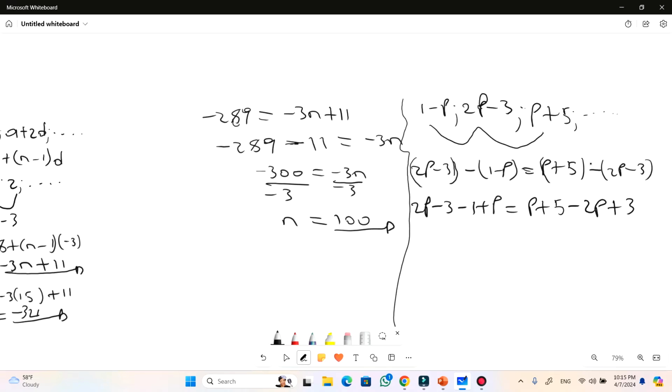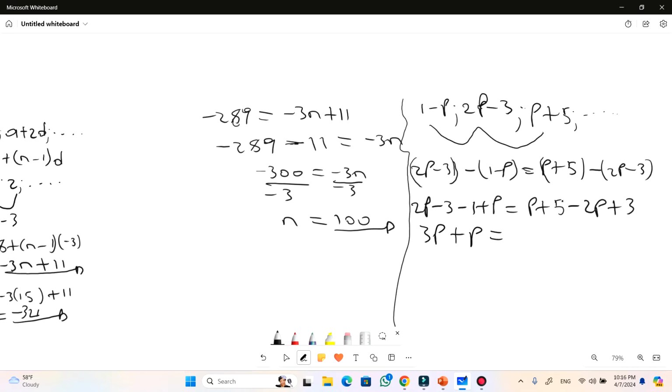Remember that the negative multiplies everything in the bracket, so that negative multiplied by this negative is going to give you positive, right? So here we have 2p and plus p, these are like terms, so we get 3p. Then p minus 2p is going to give you negative p, and taking that negative 2p to this side it's going to be plus p.